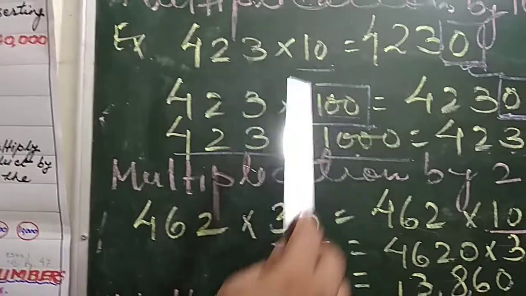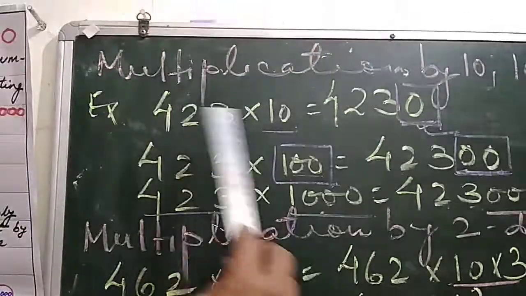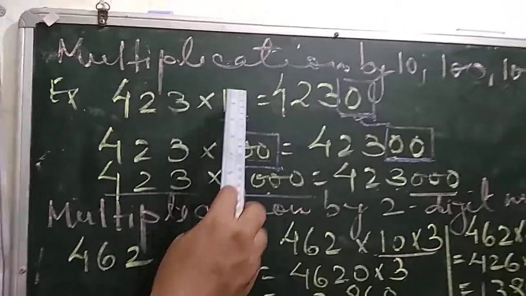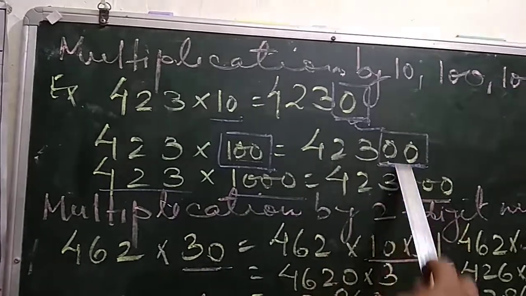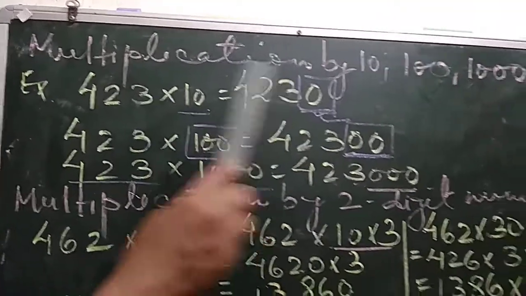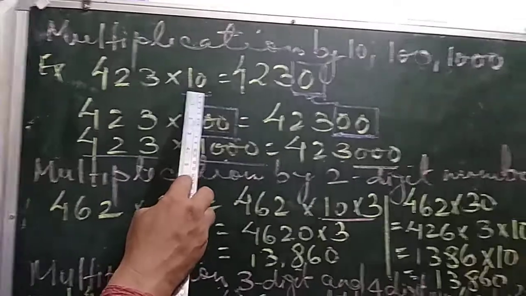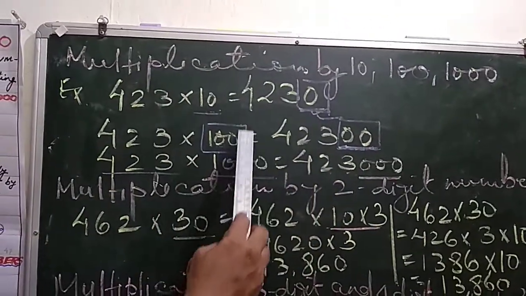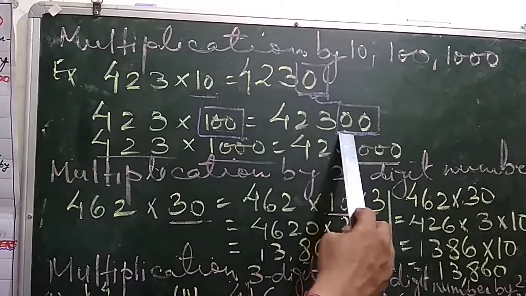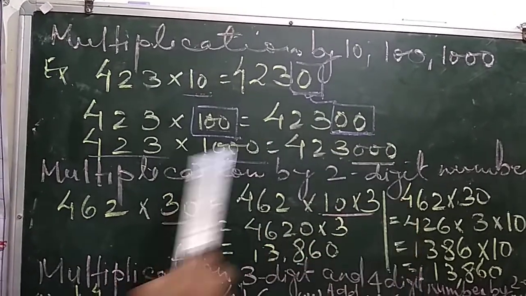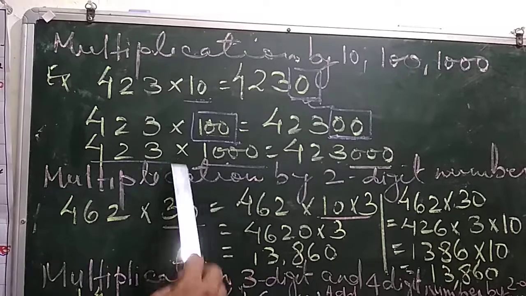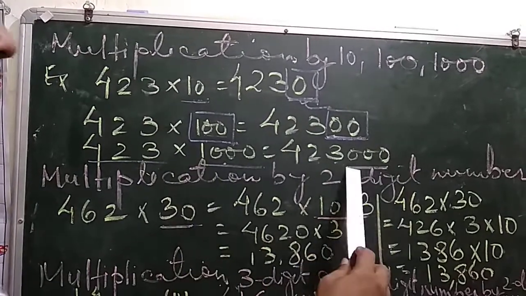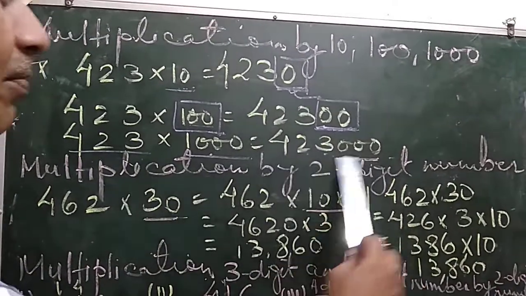First of all, let me tell you, when we multiply numbers by 10, 100, 1000, the results are like this. Since we are multiplying by 10 here, one 0 is added. In the second example, we are multiplying by 100, so 2 zeros are added in the product. And in the third case, we are multiplying by 1000, so 3 zeros are added in the product.